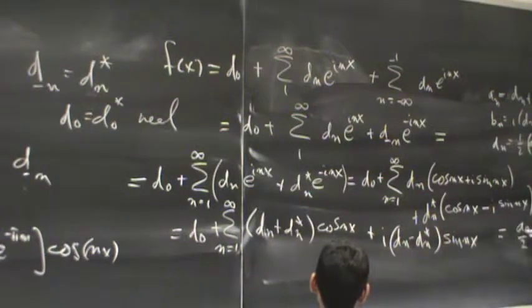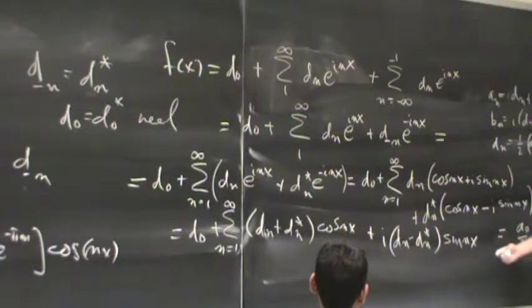Okay, so you might say, well, why is there a 2 here? Let's see, we've got d0 and a0. You see a0 here is d0 plus d0 star. But on the other hand, that's just 2 d0.